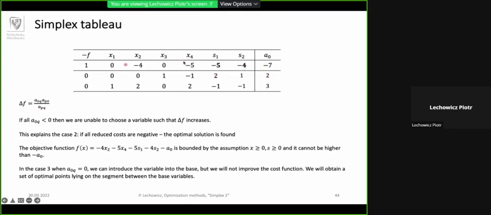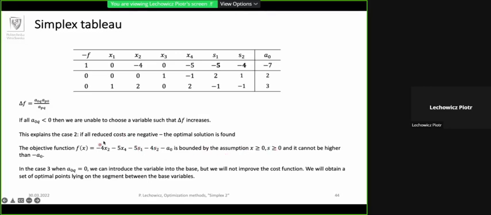And if all reduced costs are negative, this value will be negative, and we cannot select such a positive element such that the value of the objective function will increase. So for example, this is our objective function, and it's bounded by the assumption that all the variables are greater or equal than 0.